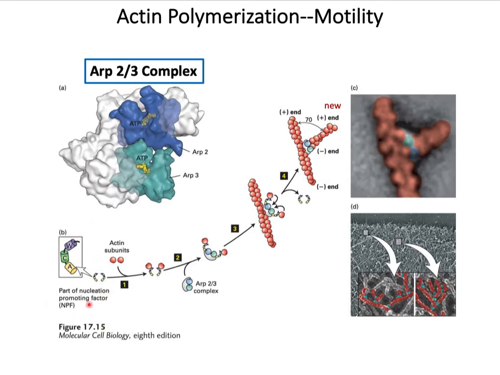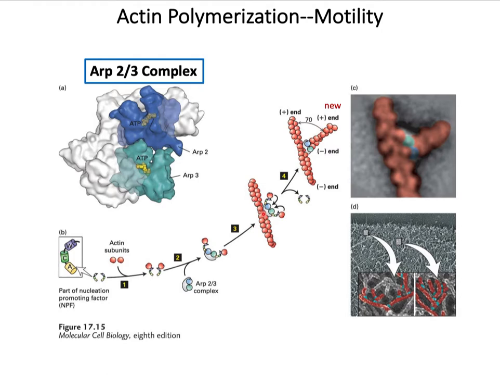This protein can bind one of the actin monomers. When two NPF-actin complexes bind to the ARP2/3 complex as shown here, this interaction induces a conformational change of the ARP2/3 complex, and it attains a high affinity for binding to the side of an actin filament, right at step 3.